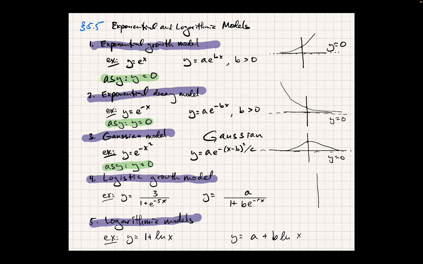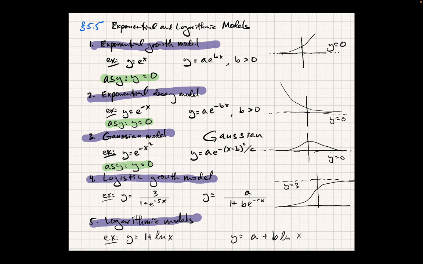Looks like this. At some point it crosses the y-axis, starts off really small, crosses the y-axis, and then goes up to what are the bounds? 3. So for this one it approaches... What is the equation of that line? y equals 3.